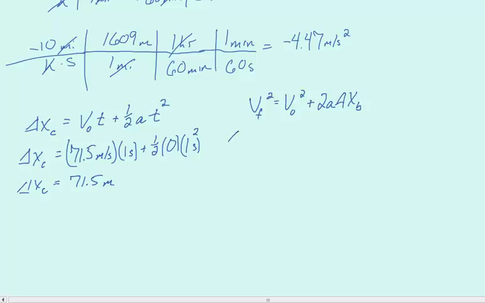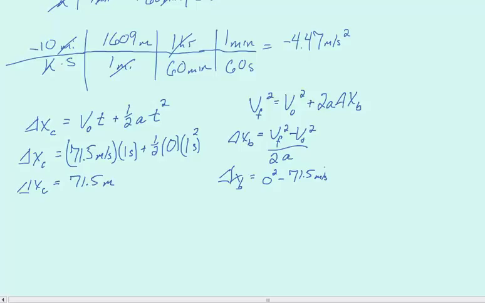If we rearrange the equation to solve for our displacement, our final equation will be our final velocity squared minus our initial velocity squared, divided by 2 times our acceleration. If we plug in the values we're given, our final velocity will be 0 since it's coming to a complete stop, and our initial velocity was 71.5 meters per second.